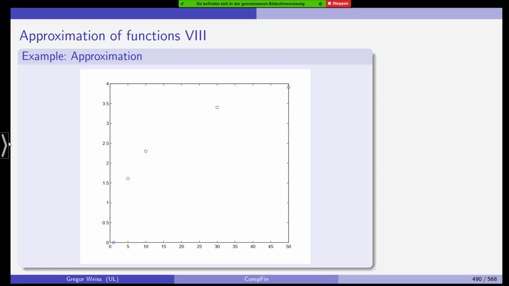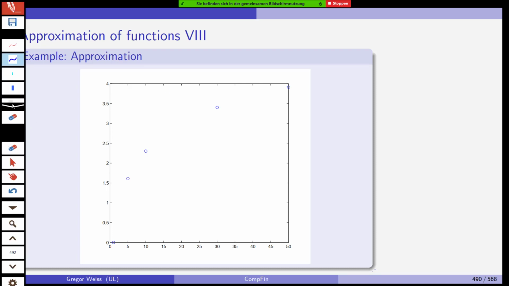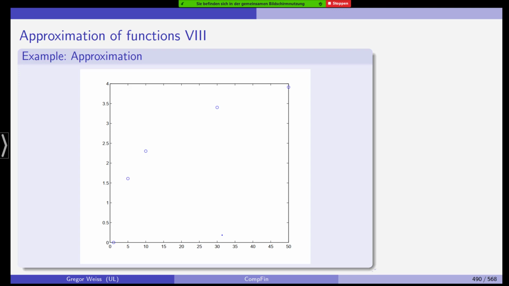Now, what would a function look like if we were to approximate these 5 points using only, let me just think, 2 basis functions? Think about this. How would this look if we were to use 2 basis functions?